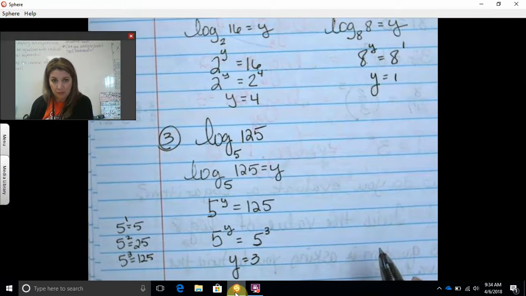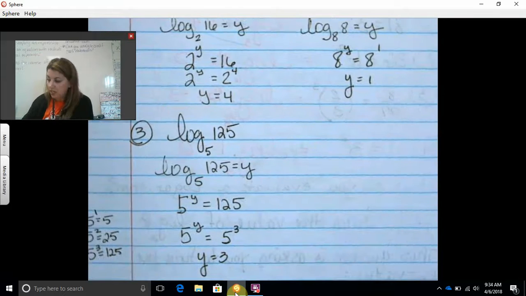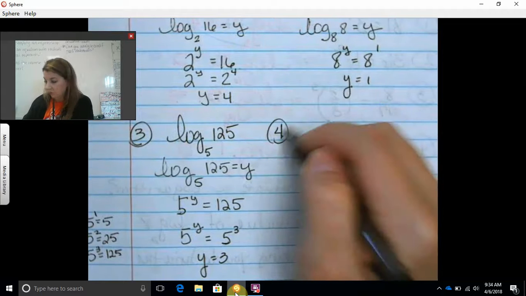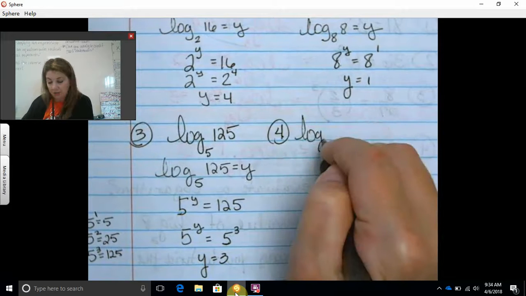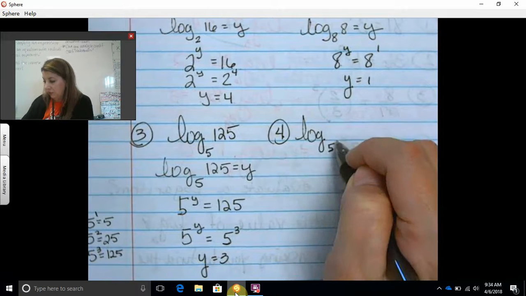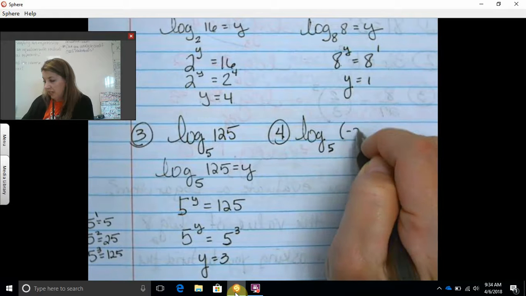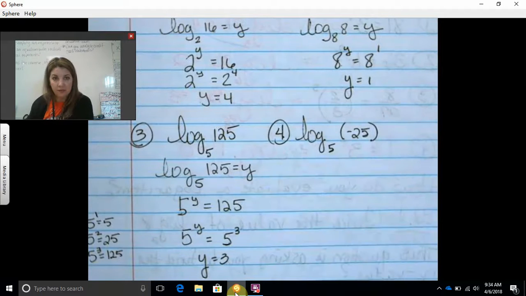Questions on that one? Example 4. Log base 5 of, in parentheses, negative 25.